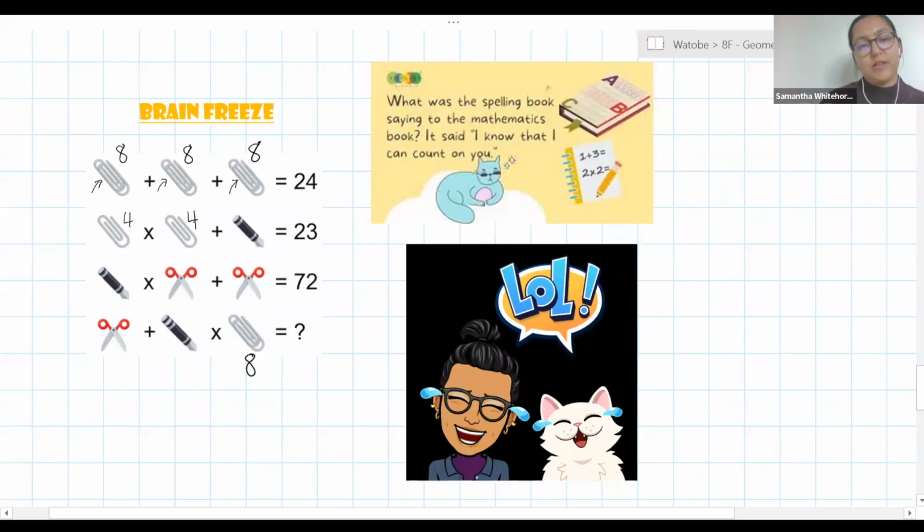Good. And then I said 23 minus 16, and it gave me 7 for the pen. Awesome. Cool. So now we know what 1 paper clip is and we know what 1 pen is. Great. So our pen is 7.